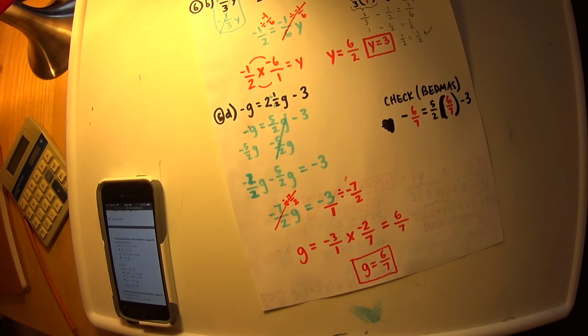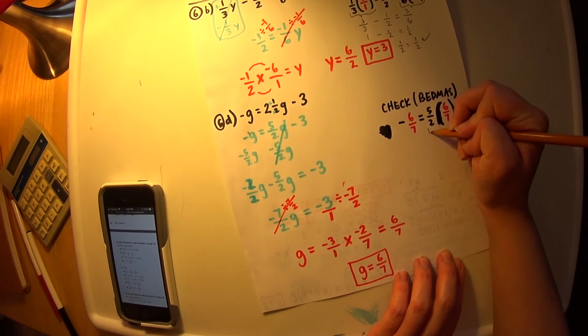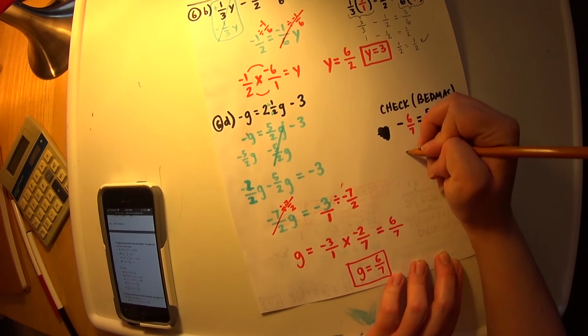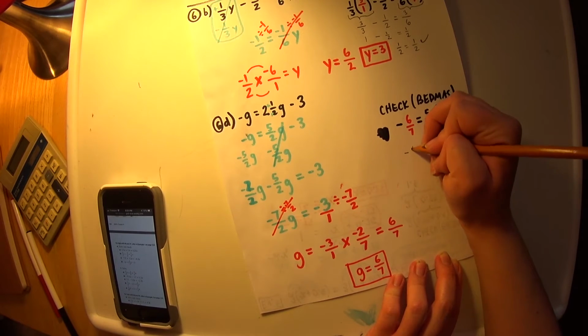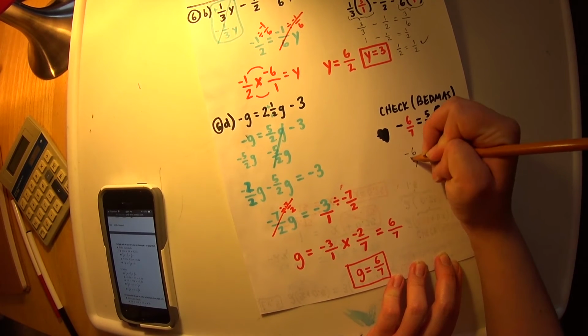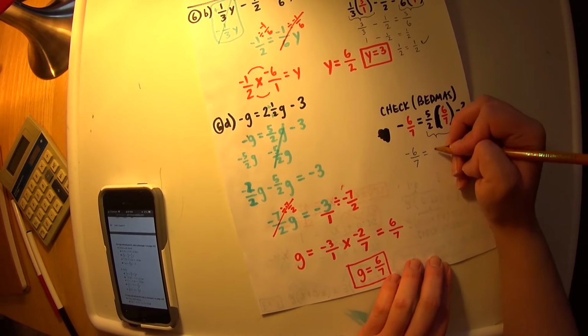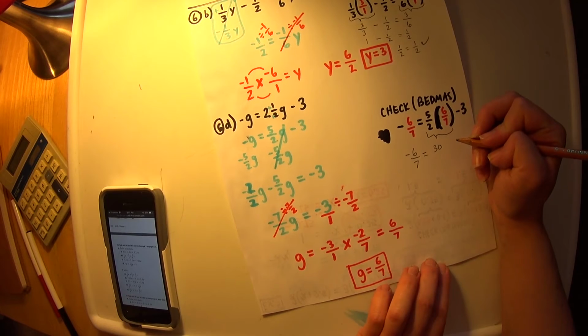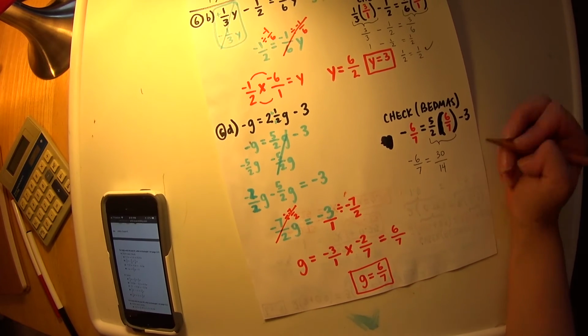Okay, so according to BEDMAS, I need to do multiplication first. So this negative 1 times 6 over 7 is just going to turn 6 over 7 into a negative. 5 times 6 gives me 30. 7 times 2 gives me 14.